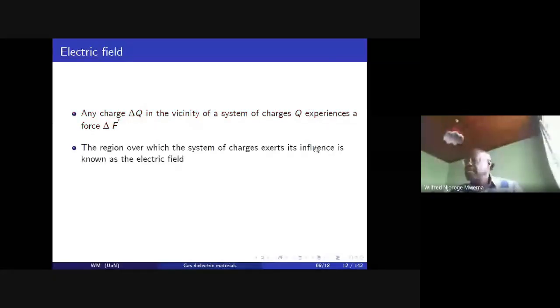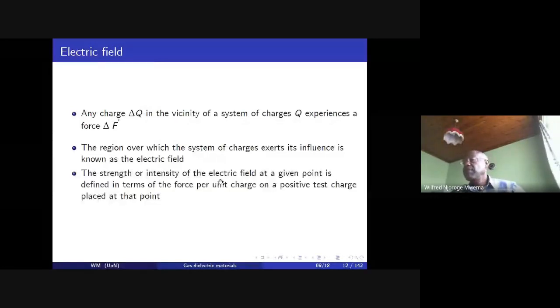The region of influence is then known as its electric field. And the strength or the intensity of the electric field at a given point is defined in terms of the force per unit charge on a positive test charge placed at that point.